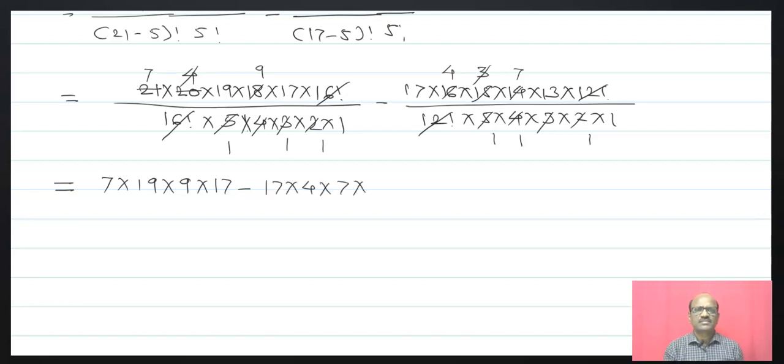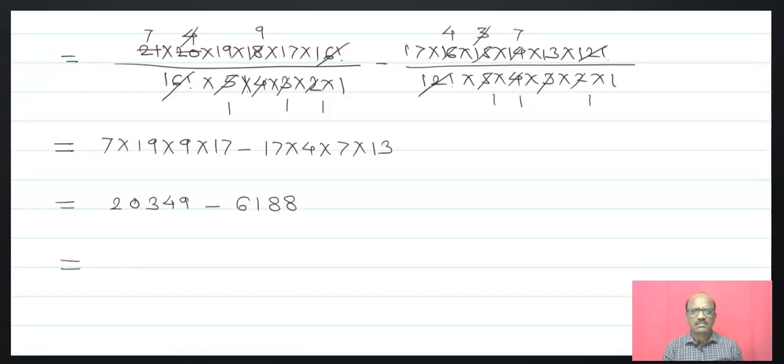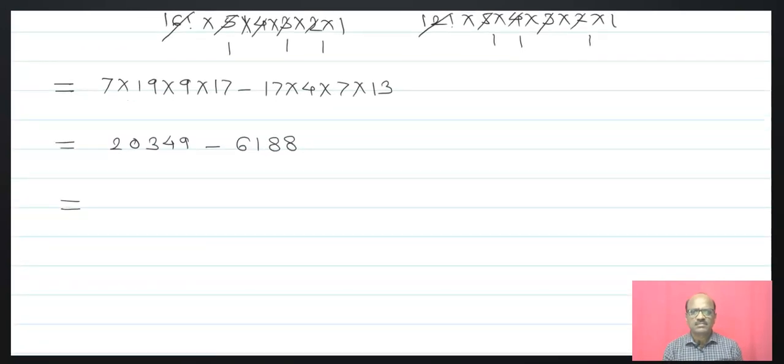We get 20,349 minus 6,188, and their subtraction gives 14,161.